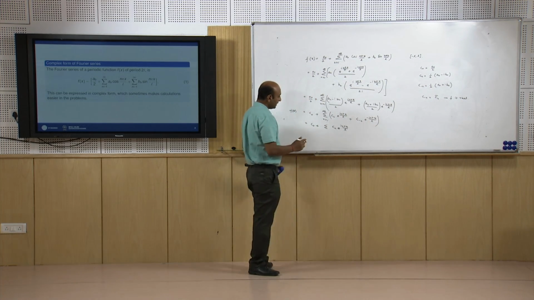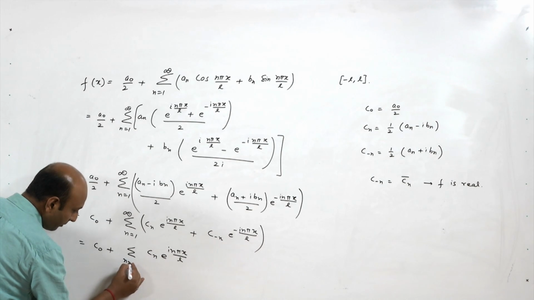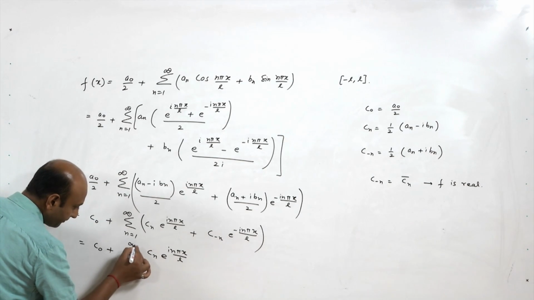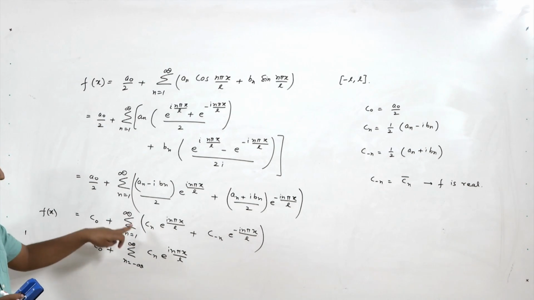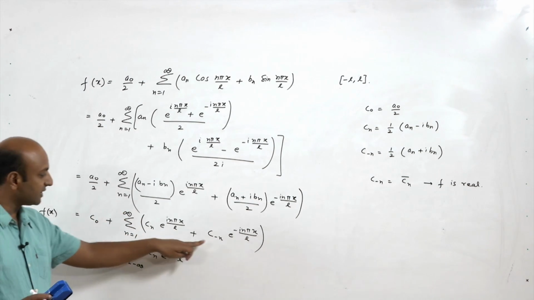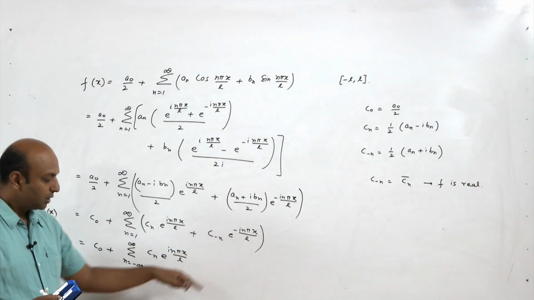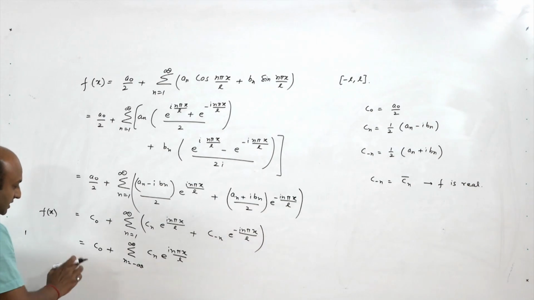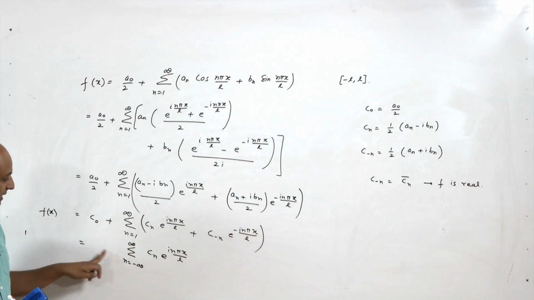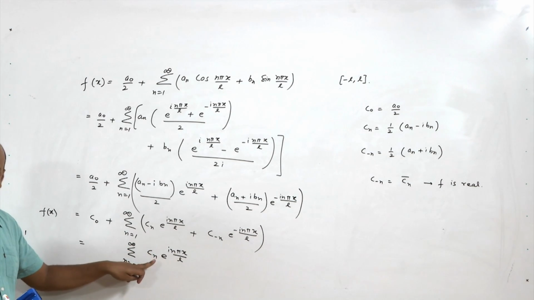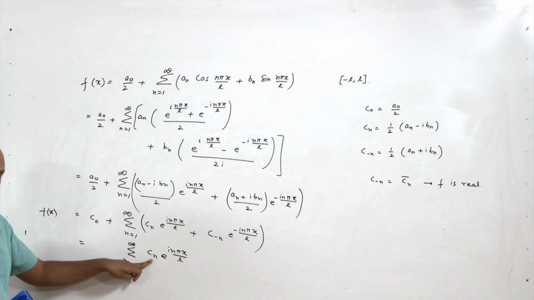So we can easily write this as n from minus infinity to plus infinity, because n from 1 to infinity is here and n from minus infinity to minus 1 is here. And C_0 will also be included, because when n is 0, it is nothing but C_0.